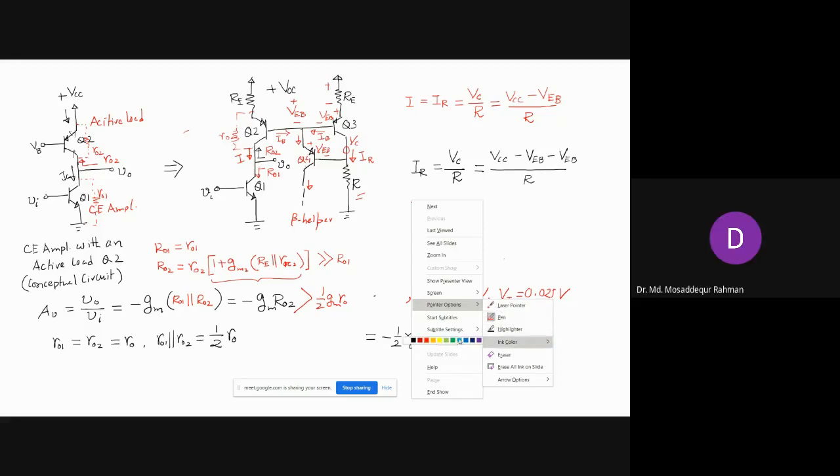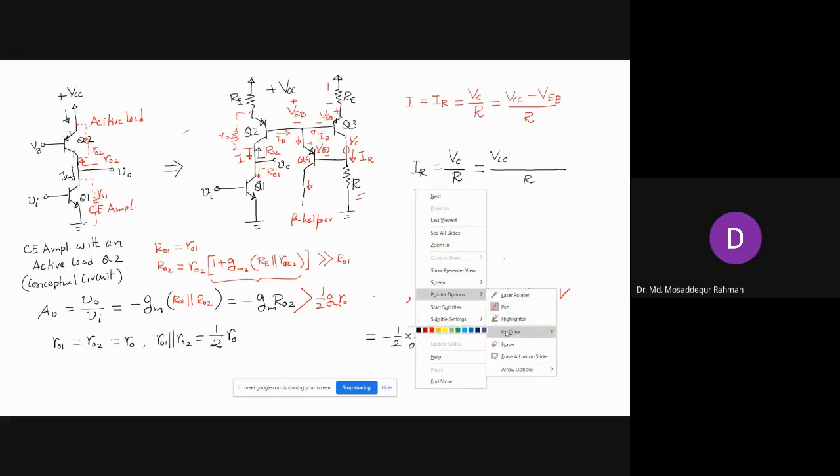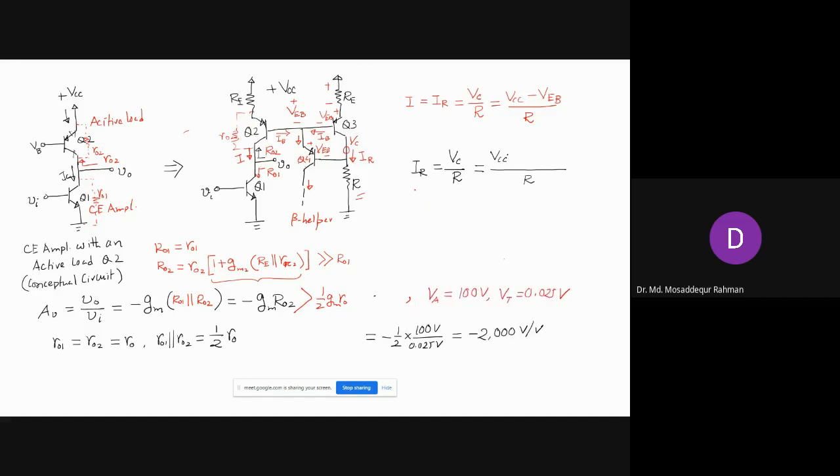So basically you have VCC minus IE RE minus 2 VEB, right?